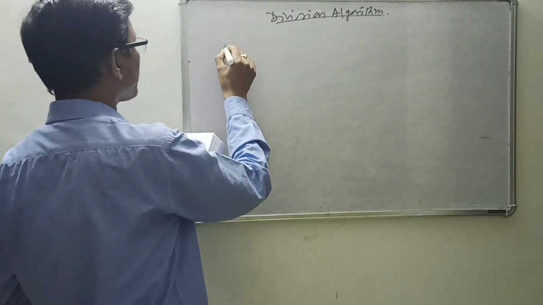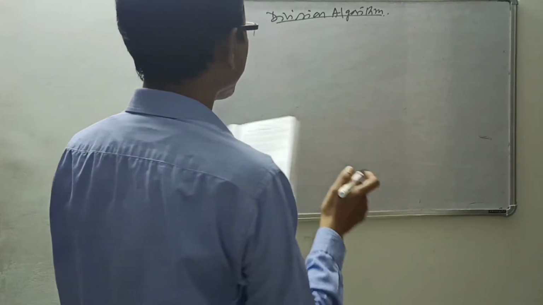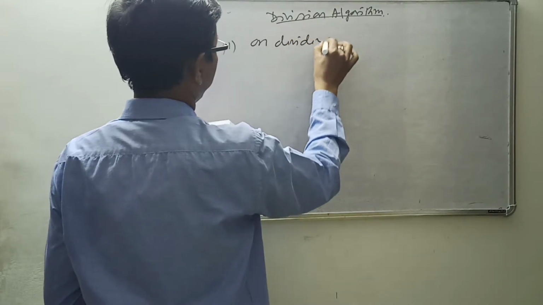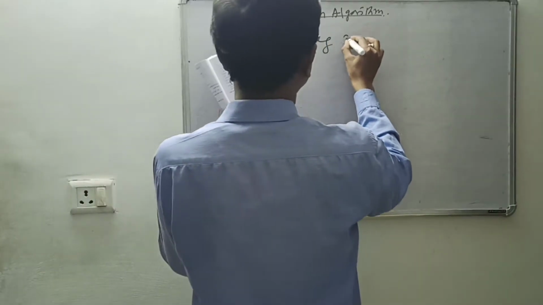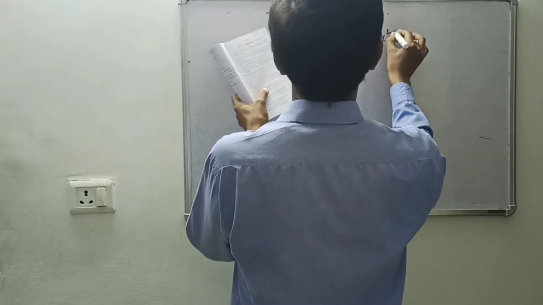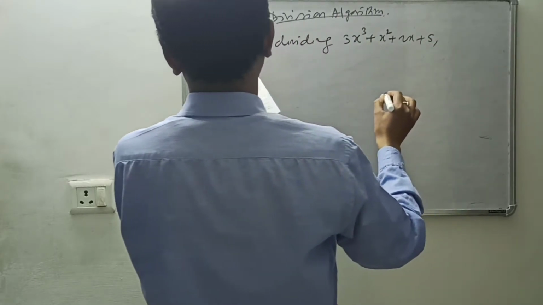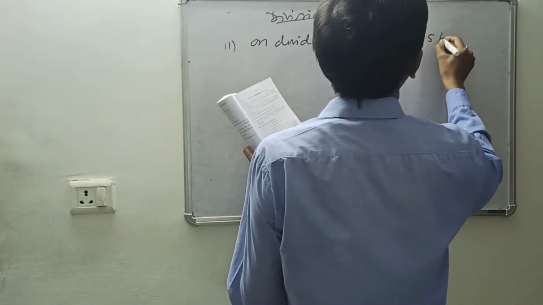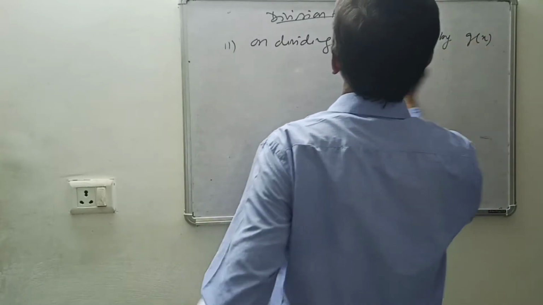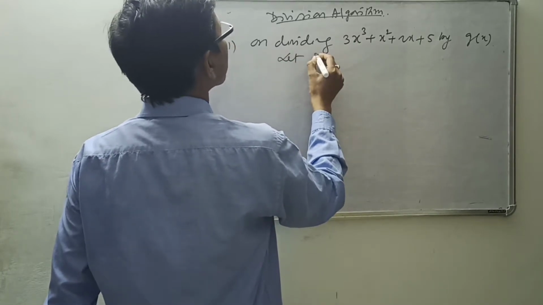Suppose the question is: on dividing 3x cube plus x square plus 2x plus 5 by a polynomial G(x). Here you can call it F(x) or P(x), anything.